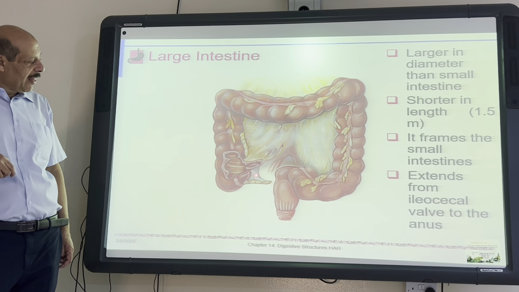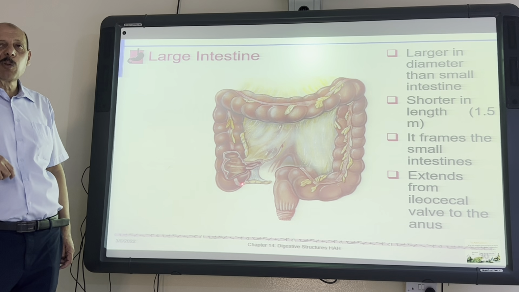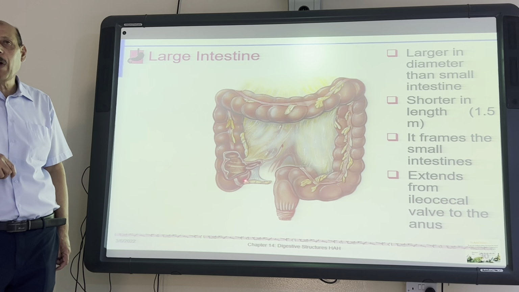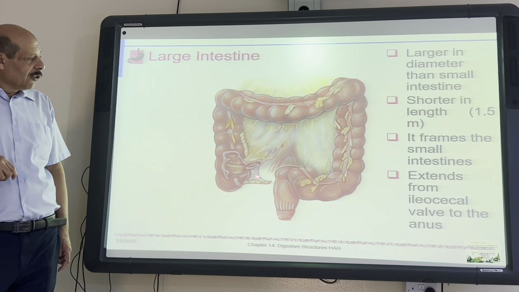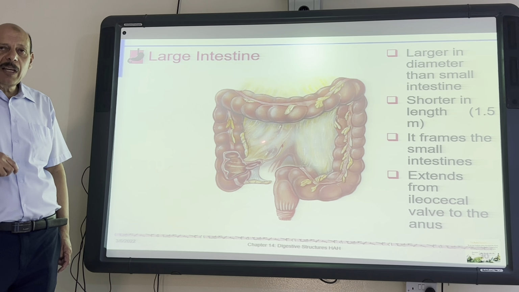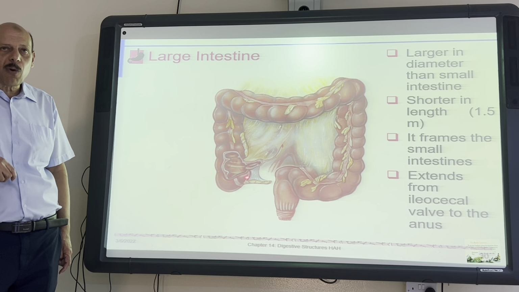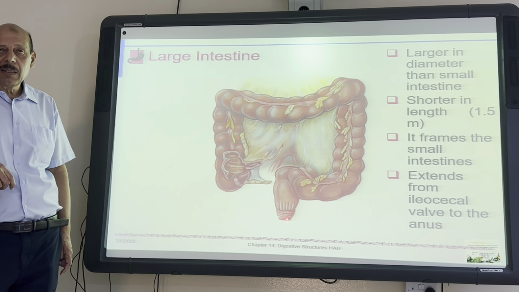This is the ileocecal valve, which is the junction between the small intestine and the large intestine. It is an important point that you have to understand and know. So it starts from the ileocecal valve, which separates the small intestine from the large intestine, up to the anus.